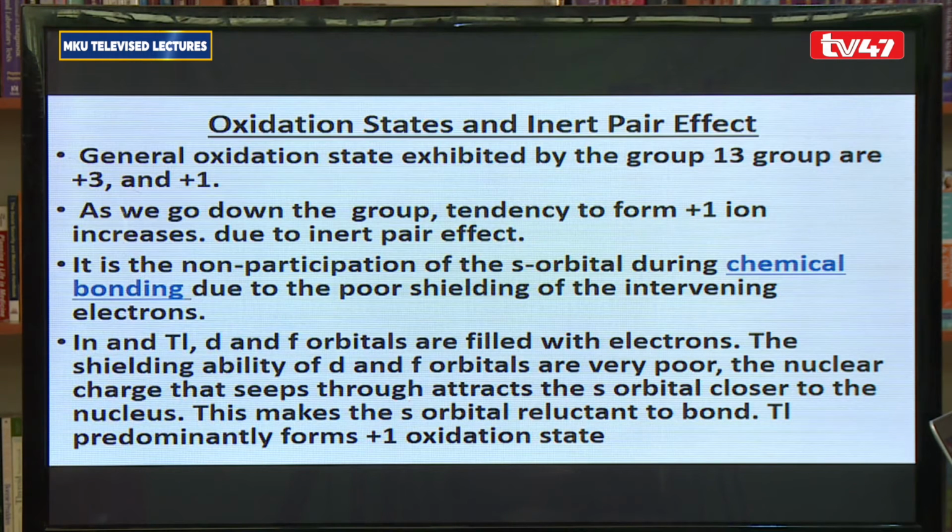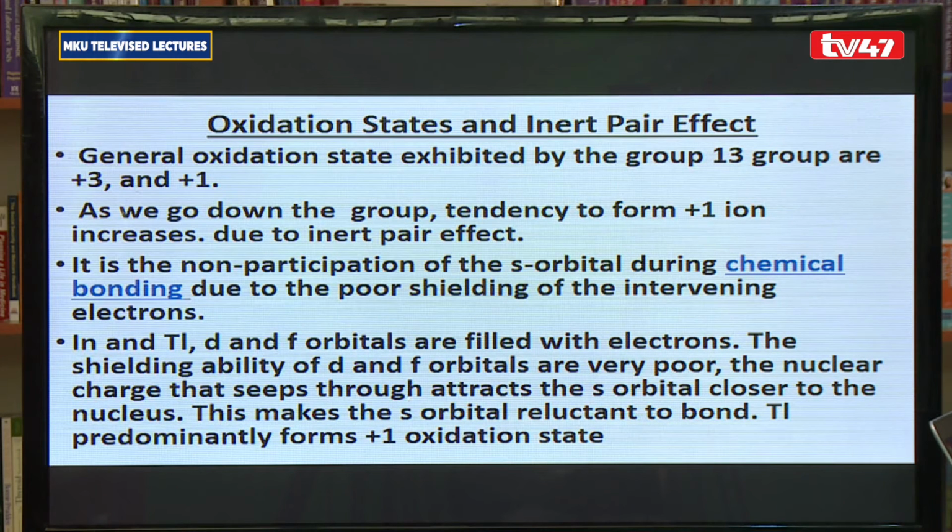as we move down the group, as the atomic number increases, the d orbitals are filled with electrons and also the f orbitals. Because the d orbitals and the f orbitals have very poor shielding properties, they tend to attract the s electrons strongly towards the nucleus, and with that strong attraction, the s electrons become less reactive.